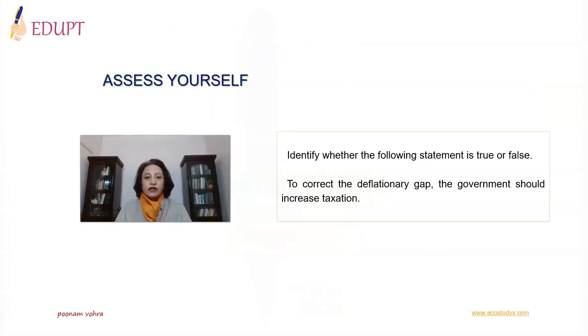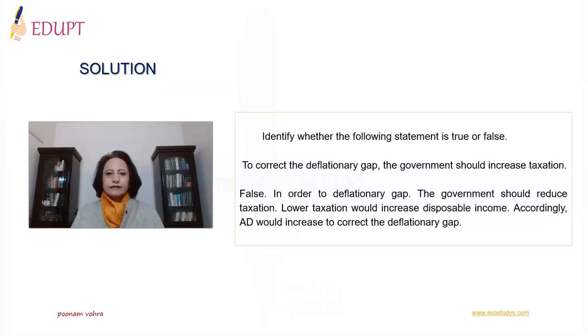Now, have a look at this statement and identify whether the statement is true or false. Give reason also. The statement is, to correct the deflationary gap, the government should increase taxation. Please check your answer.